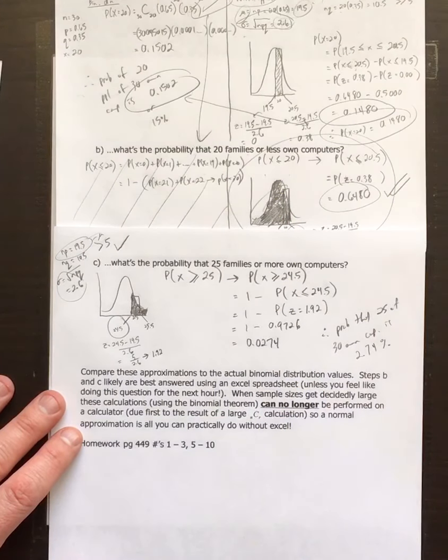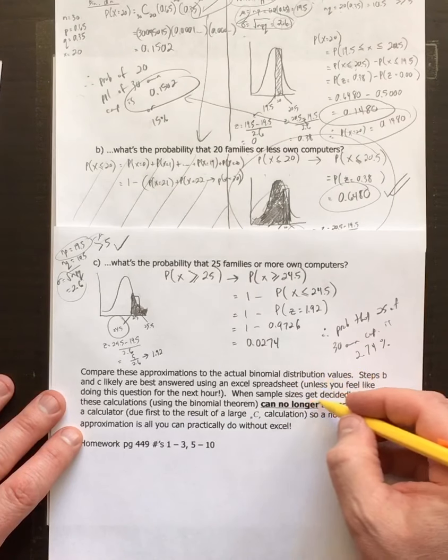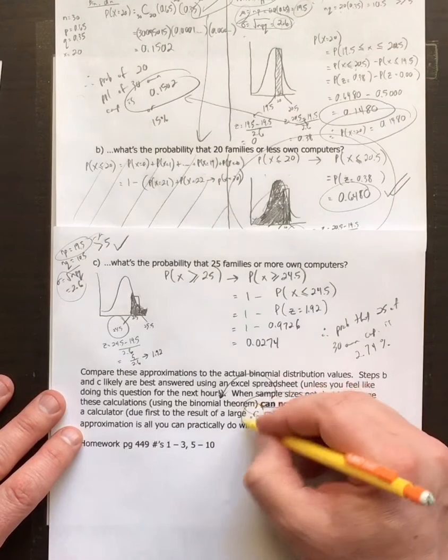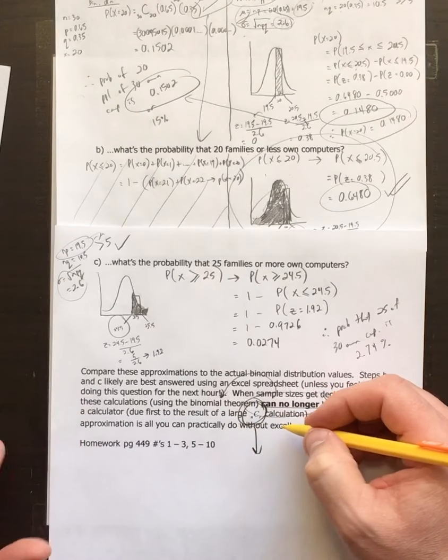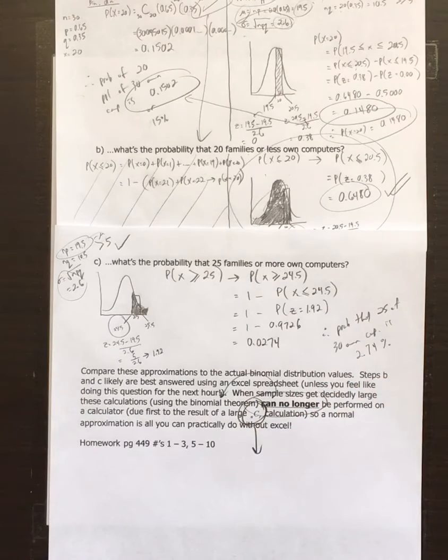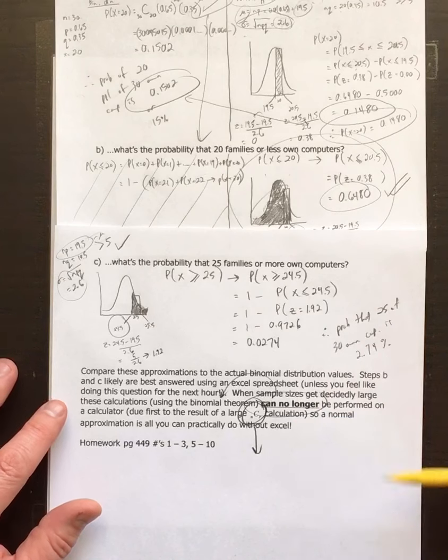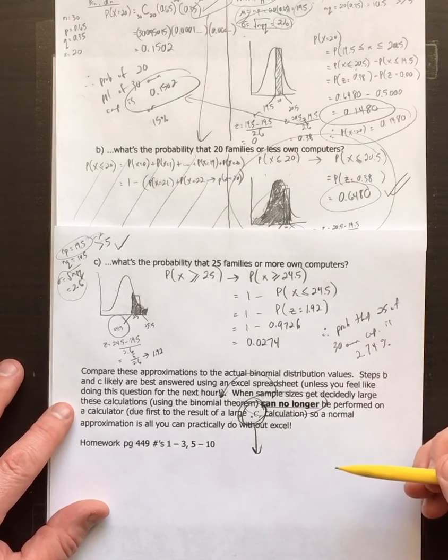Ease is certainly an important feature, but you'll actually get to the point where you can no longer use the binomial formula, when your choose calculation just gets too big for a conventional calculator. If you use Microsoft Excel, it'll keep quite a few decimal places and can handle numbers up to about 10 to the 99, so it can do that type of calculation for you. But still, once sample sizes get really big, even if p and q are really far apart from each other, it becomes much, much easier to use the normal approximation to the binomial distribution.